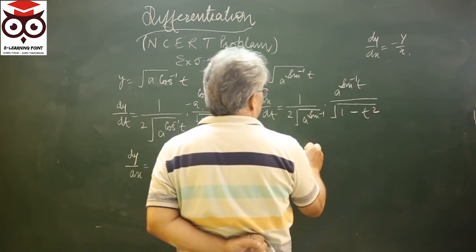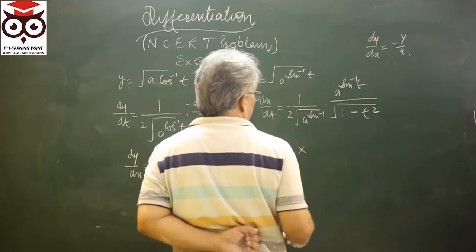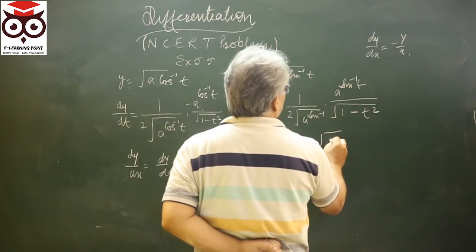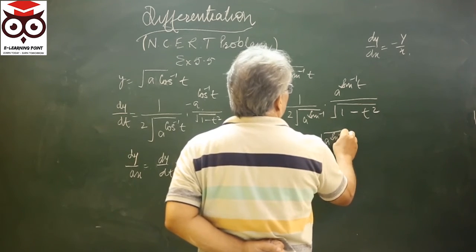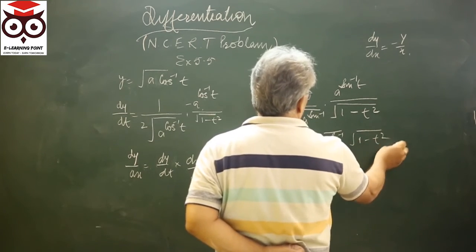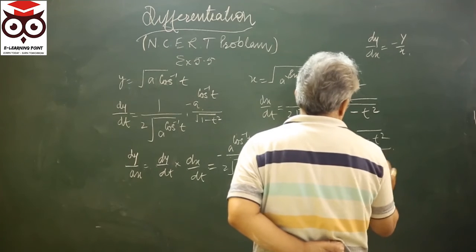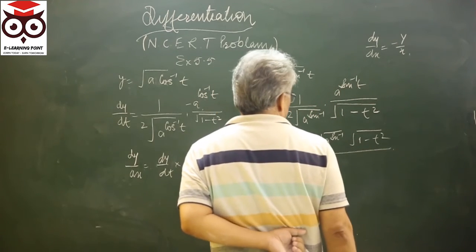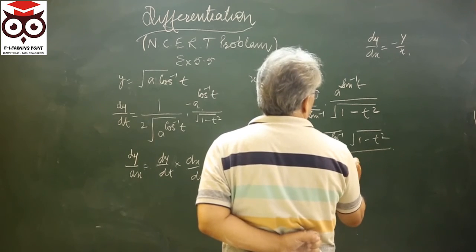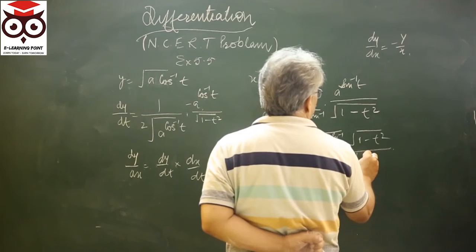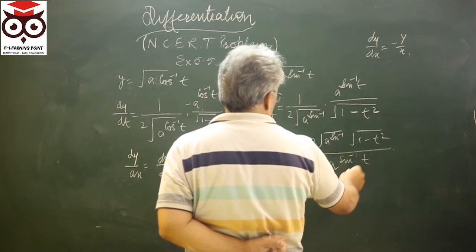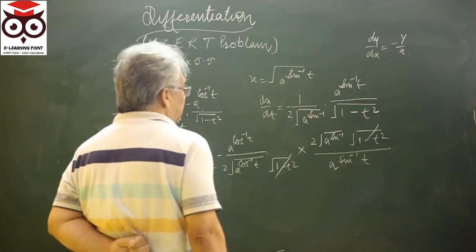Okay, and this is dx by dt, so it will be, I think, converted to root a to the power sine inverse t. This is 1 minus t square, and this is what I can say, this is a to the power sine inverse t. So this will be cancelled out by this.